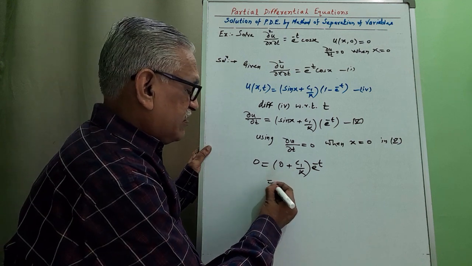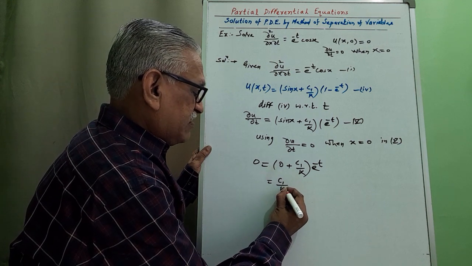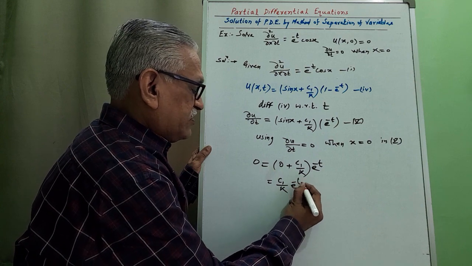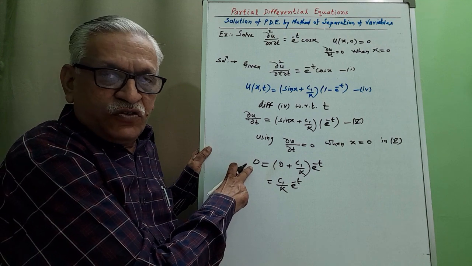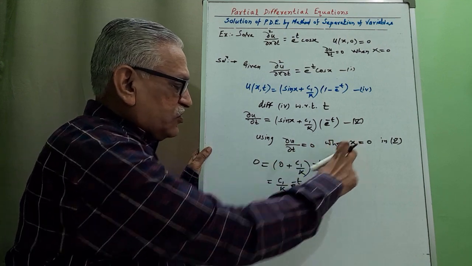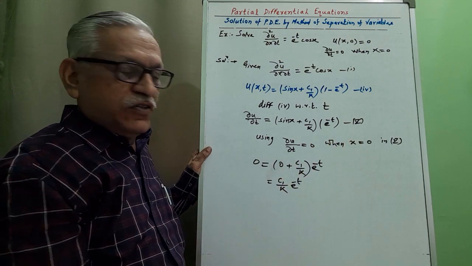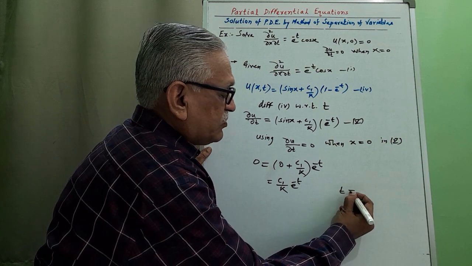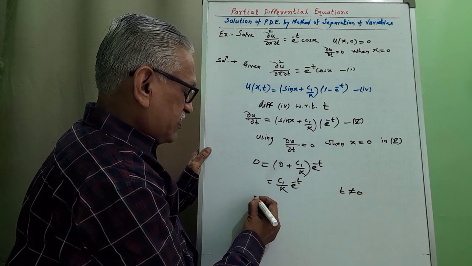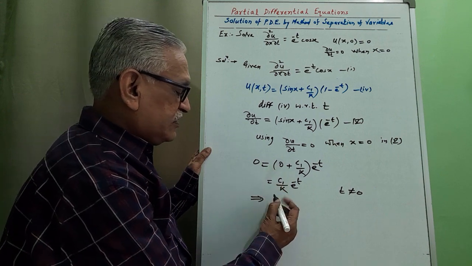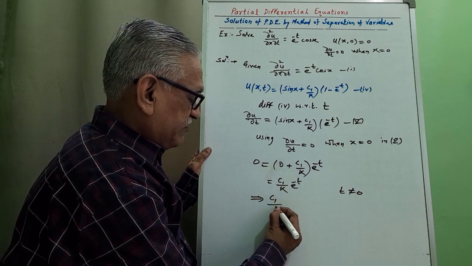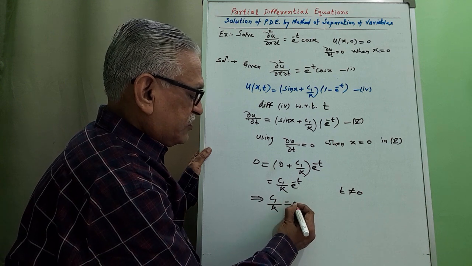A product of two terms is equal to 0. When x is 0, t is not equal to 0. What it implies? The second term must be 0, and here the second term is c1 by k equal to 0.